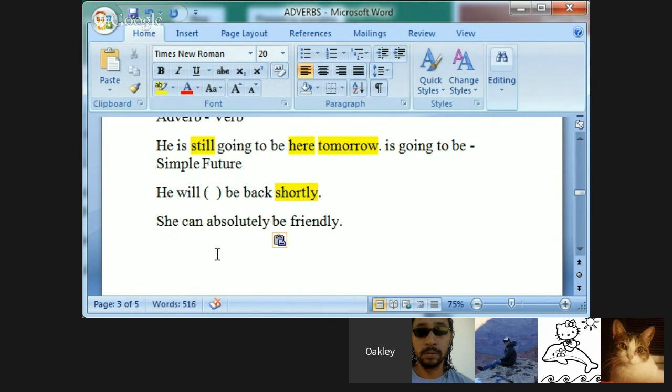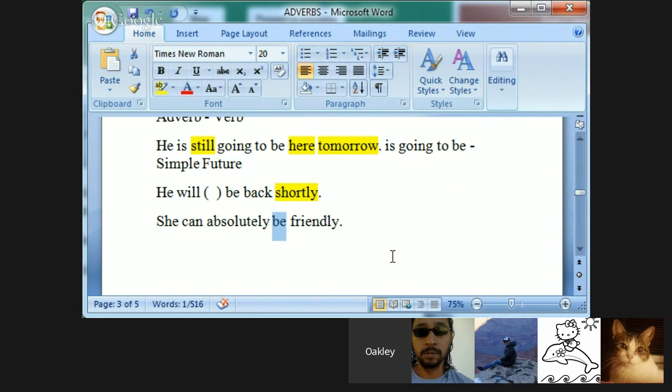So if we paste absolutely here, she can absolutely be friendly. This is also a valid sentence. Nothing wrong with this either. But the meaning is definitely modified slightly. Now the adverb is working on the verb construction can be. She can absolutely be friendly.